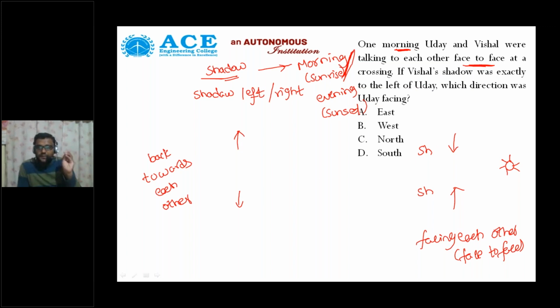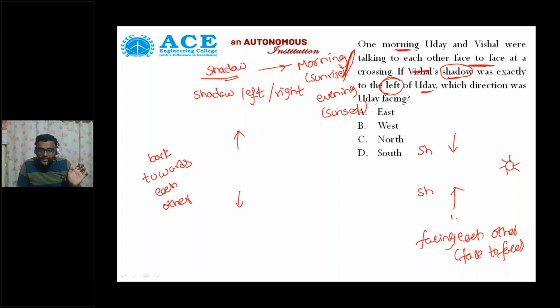So don't worry, to confuse you, they'll mention Uday and all. Uday shadow or Vishal shadow, both are in the same side only. Simple, I can say shadow was left. So we need shadow was to the left of Uday. That is Vishal shadow or Uday shadow, whatever the shadow it may be. Shadow was left of Uday.